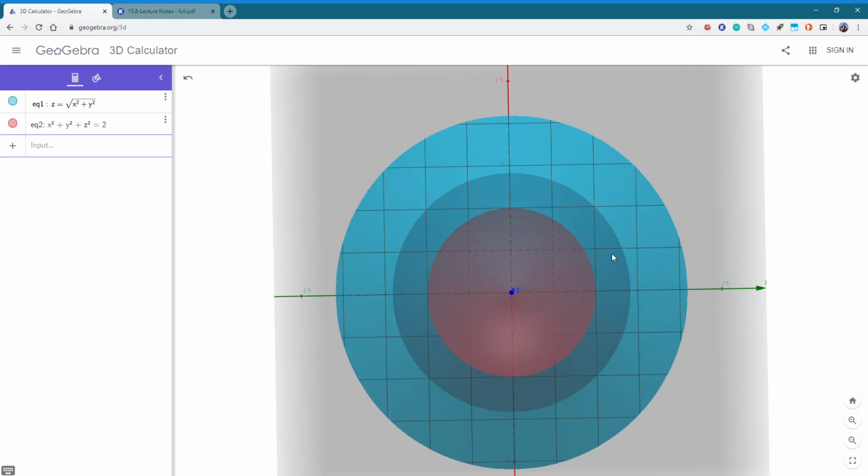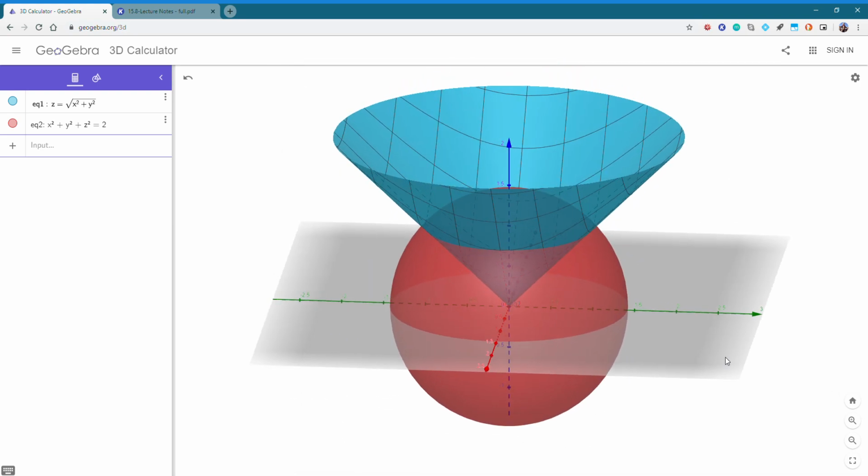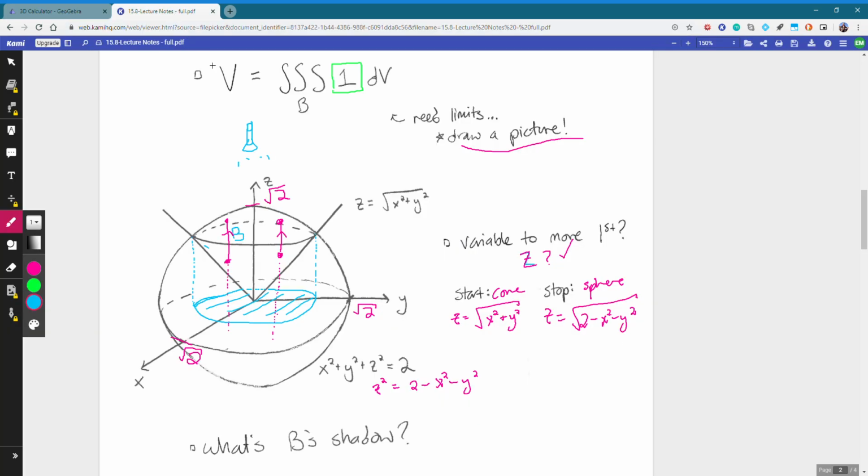So from the top view, we can see it real clearly that, yes, this inner disk, which is going to be our shadow, doesn't go all the way out to the edge of the sphere. It's something smaller. And so we'll need to find out what that is. But here, right, the geometry of where this disk is coming from helps us out. It's coming from where this cone and the sphere intersect, right? And we know how to find where surfaces intersect.